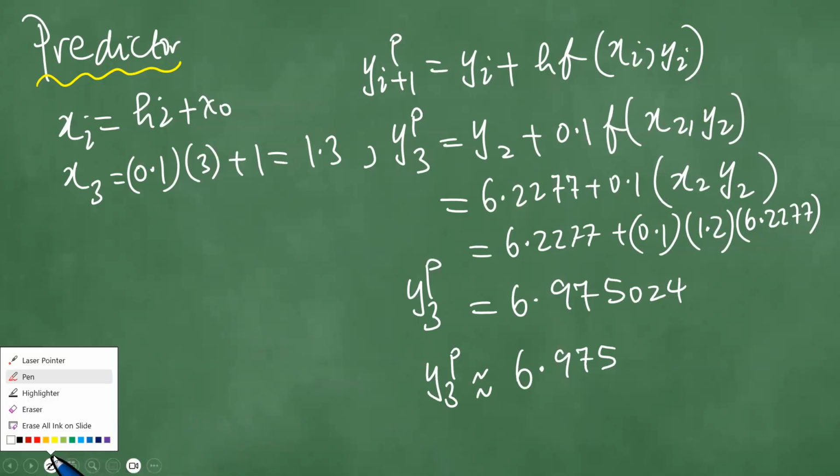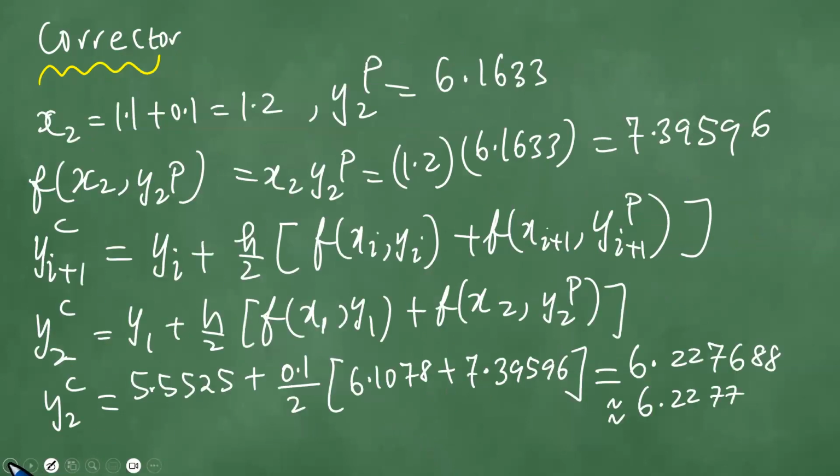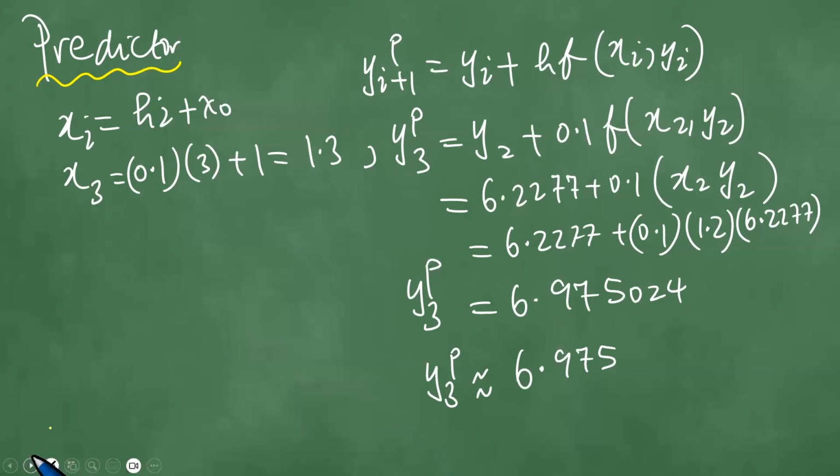But I want to make mention of something here. I want us to write this one down: f of x2, y2, because you're going to put it in the table.